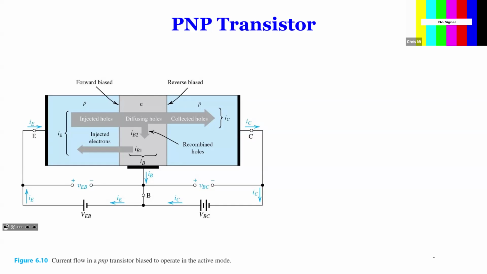But the current directions are going to be very different because of the way the diodes are oriented. So that's P, in the middle is N, and this is P. And the symbol for this one is like this.